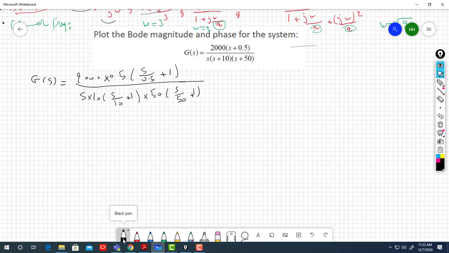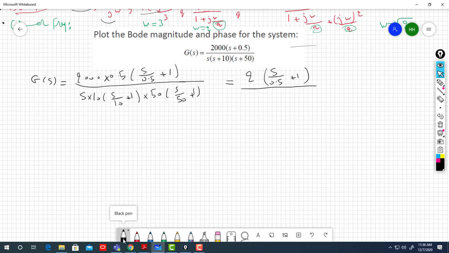Based on this, if I ask you how to continue from there: 10 times 50 is 500, 500 times 2 is 1000. 2000 over 1000 is 2. So 2 over s times 0.5 plus 1.